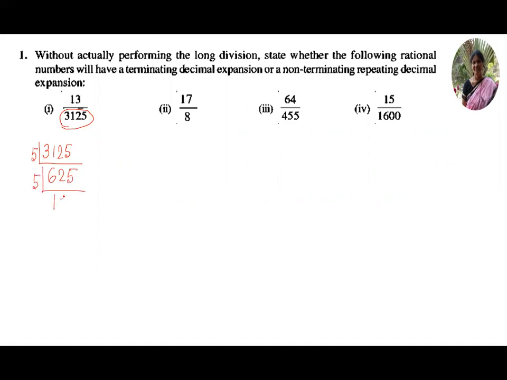So 125, again it will go by 5. So 25, again it will go by 5. So 3125 is equal to how much? 5 to the power 5. So it has only factors 5. So what about terminating or non-terminating? It is terminating decimal expansion.